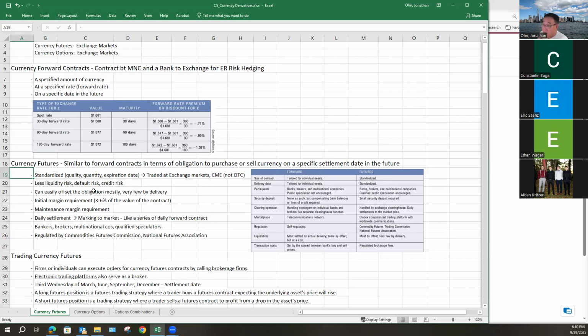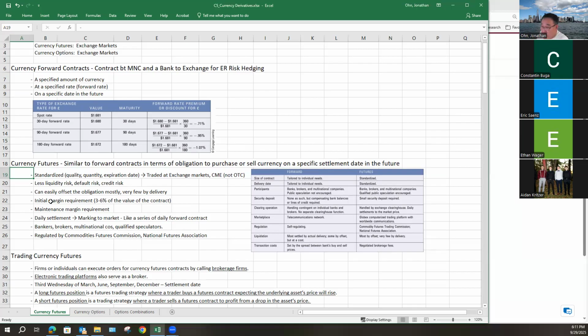And because of this standardization and trading at a formal exchange market, there's less liquidity risk, default risk, or credit risk. Risk overall is lower, and you can easily offset the obligation mostly. That's the most common approach. But sometimes, very few, by actual delivery. I'll explain what that means later.